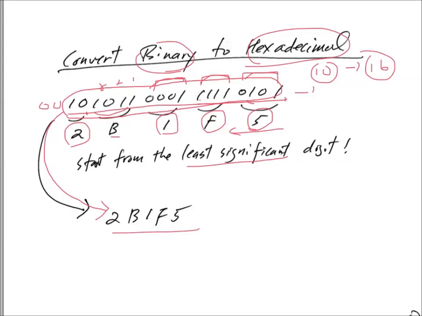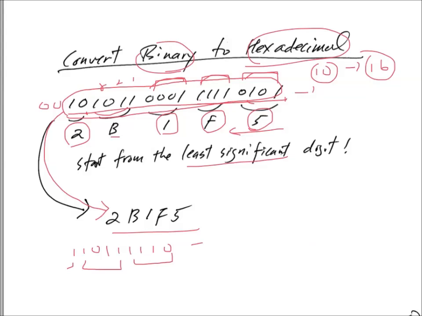How about changing the following binary number to hexadecimal, like 1101 11110. Okay, in this case, we just collect 4 bits each.